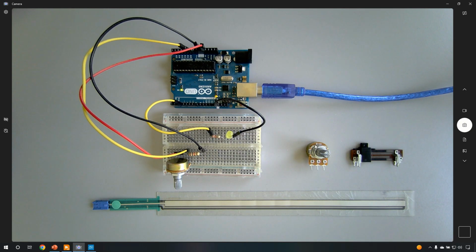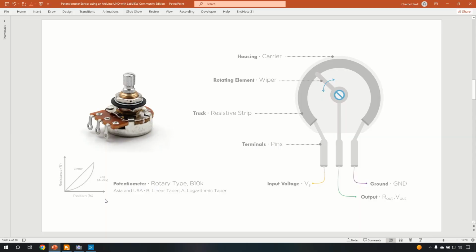Now B stands for a linear taper, which means there's a linear relationship between the input and the output. Let us go back to our slides to check what that means. On the x-axis right here, we have the position of the potentiometer, say between 0 degrees and 360 degrees for this rotary potentiometer.